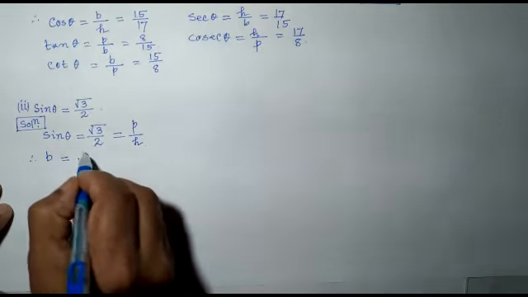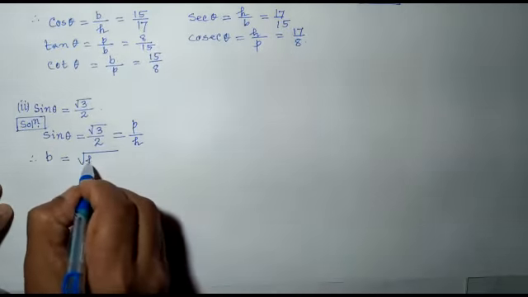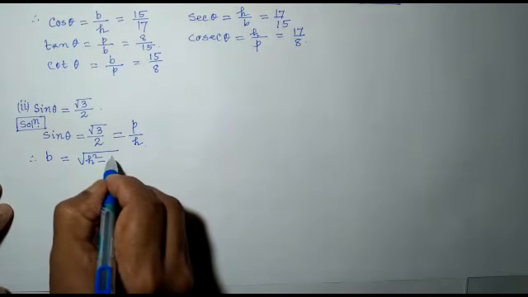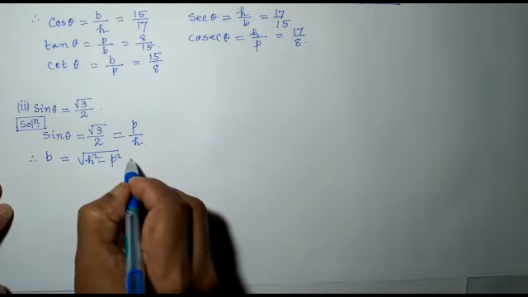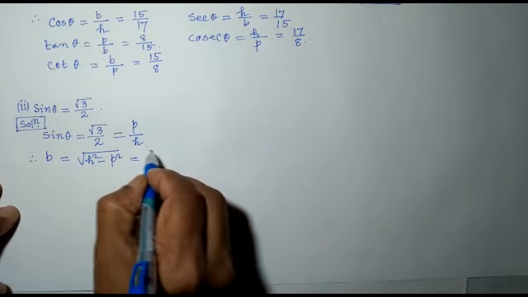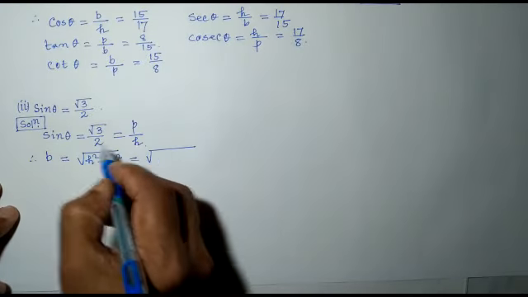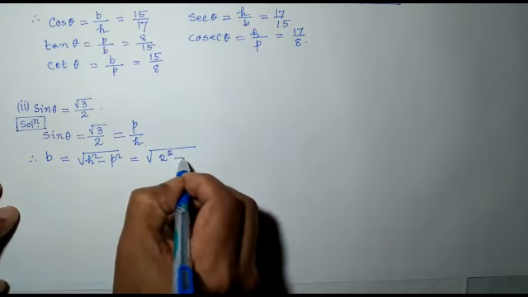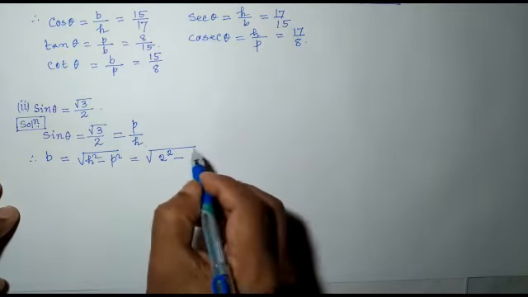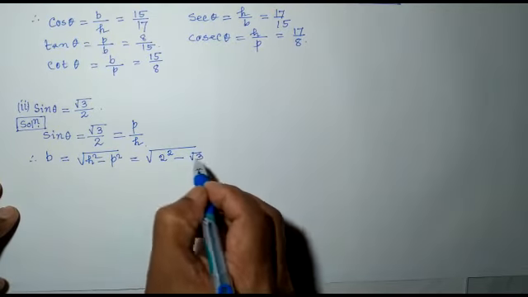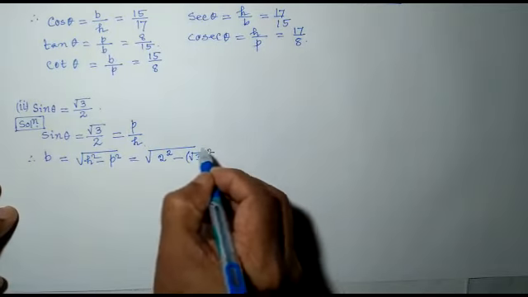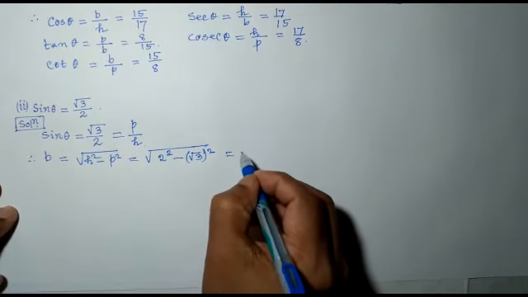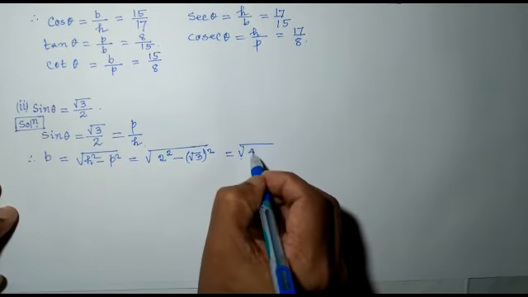What is the formula? Hypotenuse square minus perpendicular square. So we write this square root. Hypotenuse value is 2, so it is 2 square minus perpendicular value, which is root 3, whole square. So next, 2 square is 4.